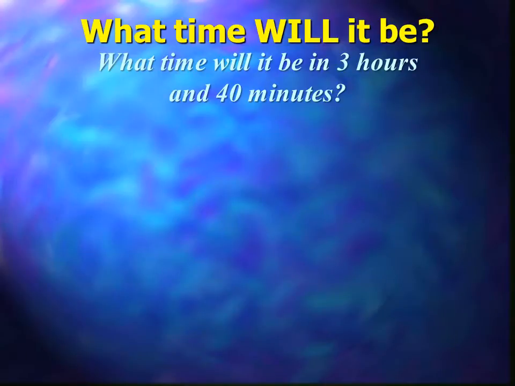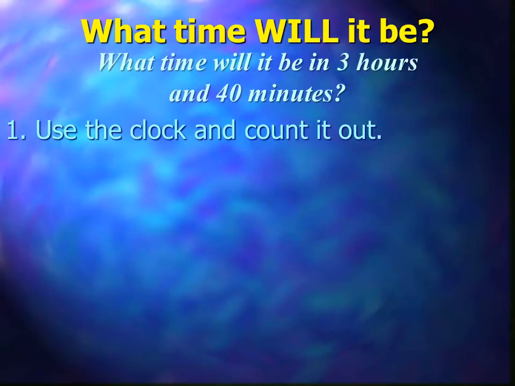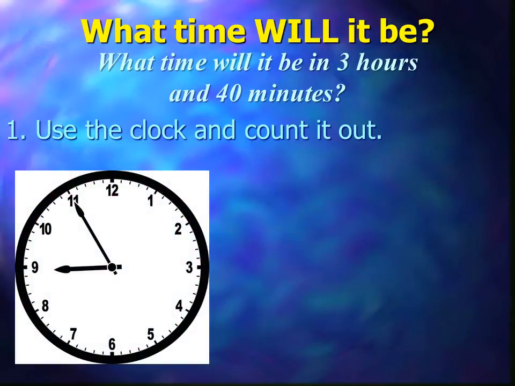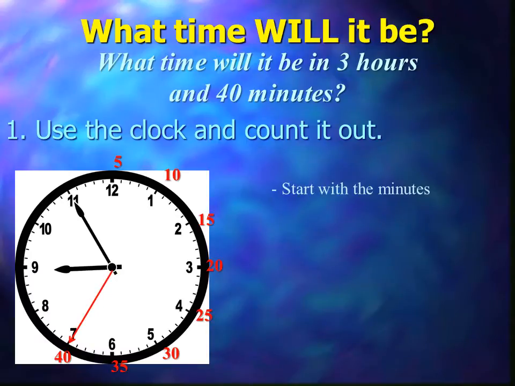Considering what time it will be in 3 hours and 40 minutes, using the clock method and counting it out, first we have our clock. If we start with the minutes and count 40 minutes off, skip counting by fives, 5, 10, 15, 20, 25, 30, 35, 40, our minute hand will be moving to the 7.